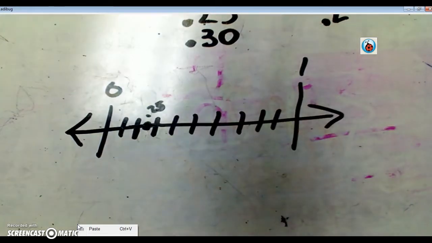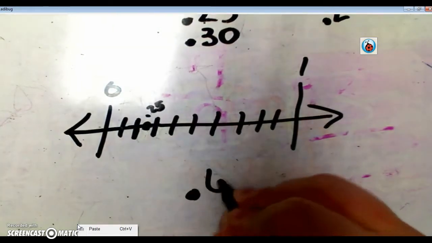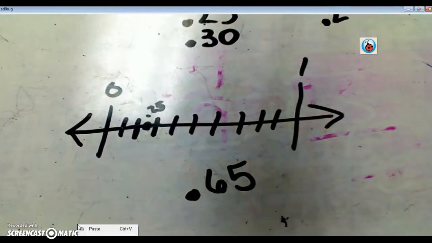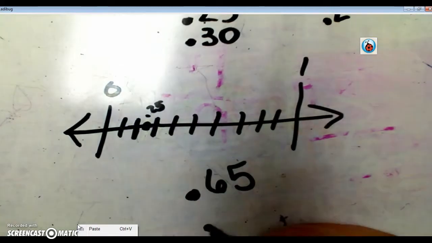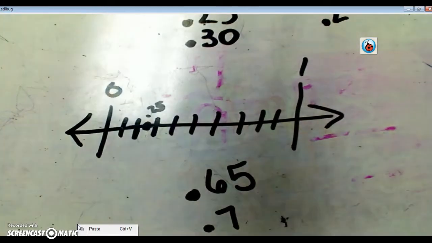Okay, what if I had one that said 0.65? What is the tenth that would be less than 0.65? Or 7/10 would be more than 0.65. What's the one that would be less than? 0.6.